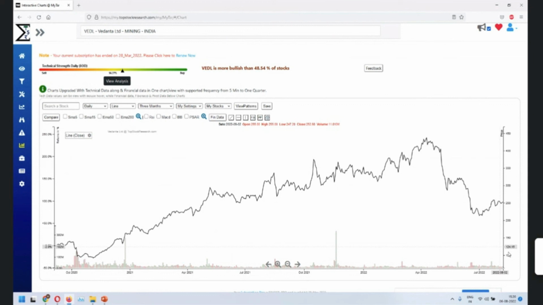Is it Tuticorin which was the cause of the problem, or what was the cause? That is where a little more research is needed before you invest in a big way. If you are a technical person, you don't have to look at too many things. If you are more fundamental, which means long term, that's where you have to look more at the ecosystem of the organization.